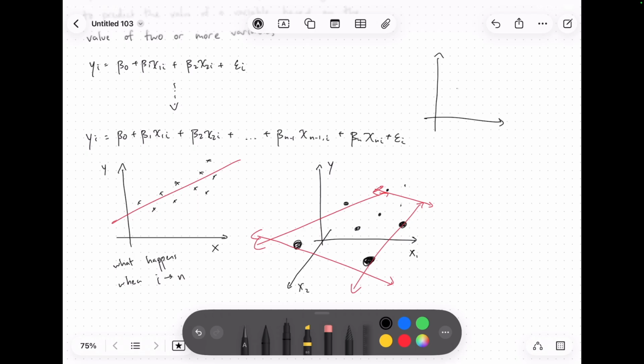If you have three data points, I can fit a line through here. If I have two data points, I can technically still fit a line, but if I have one data point, I cannot fit a line through it.